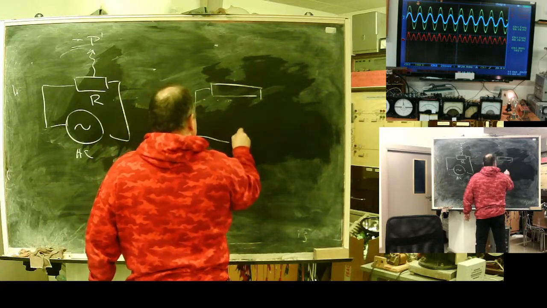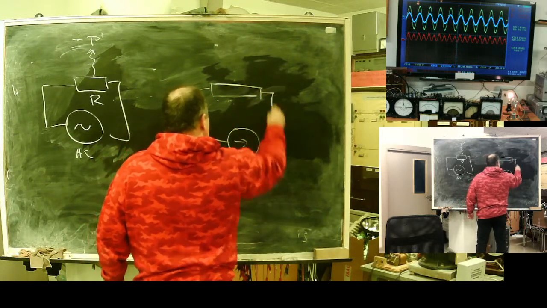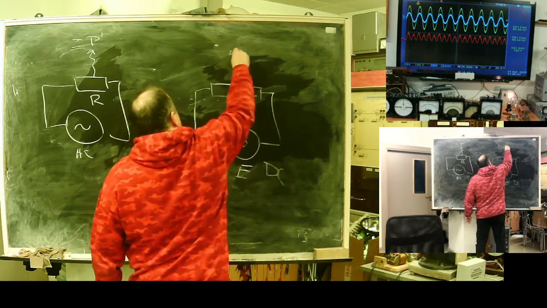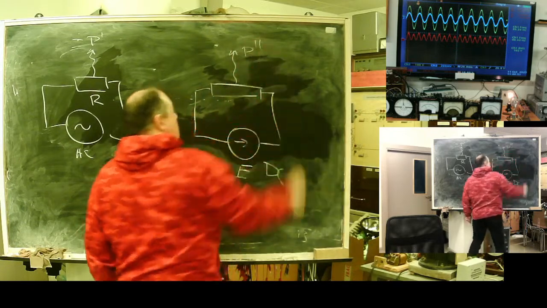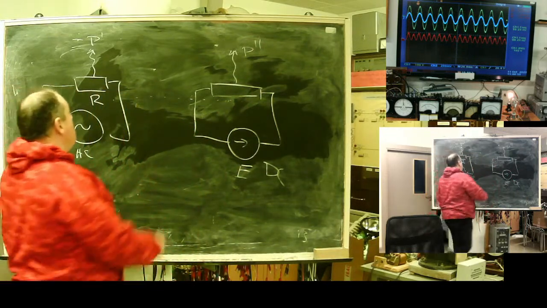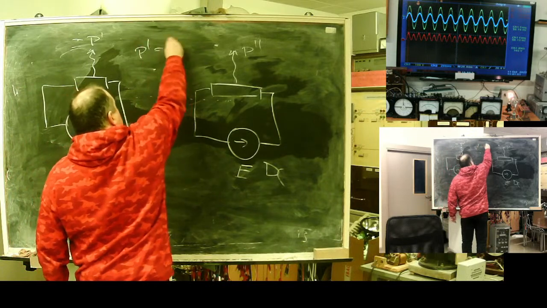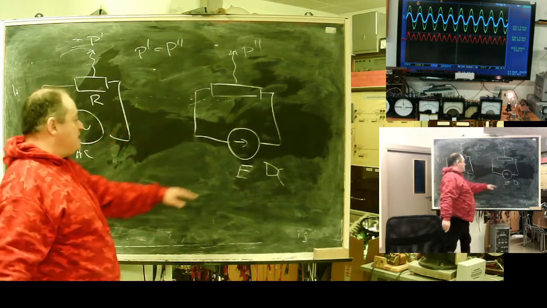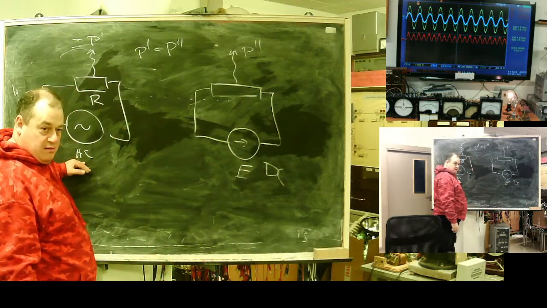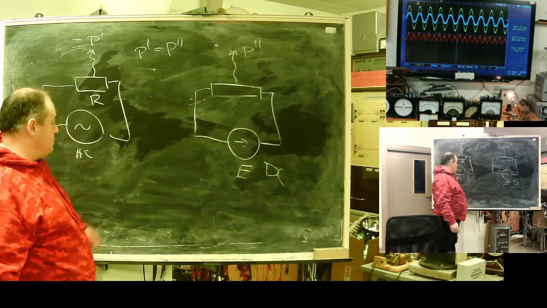Load the same resistor with an ideal DC source. It will also heat with the power P2. If P1 equals P2, this DC source is equivalent to the AC in the power they produce.